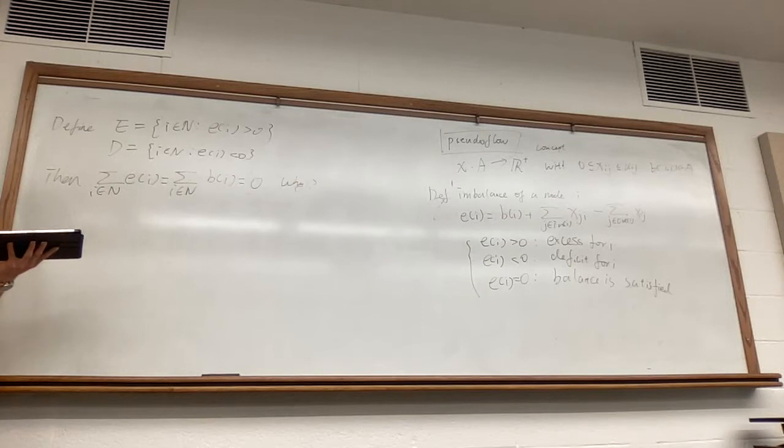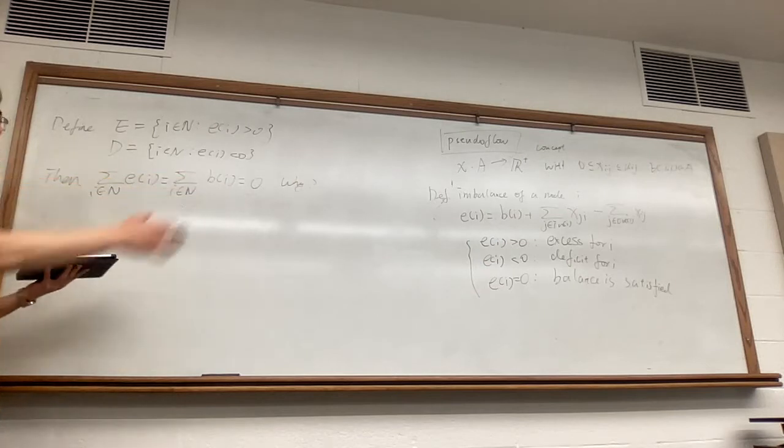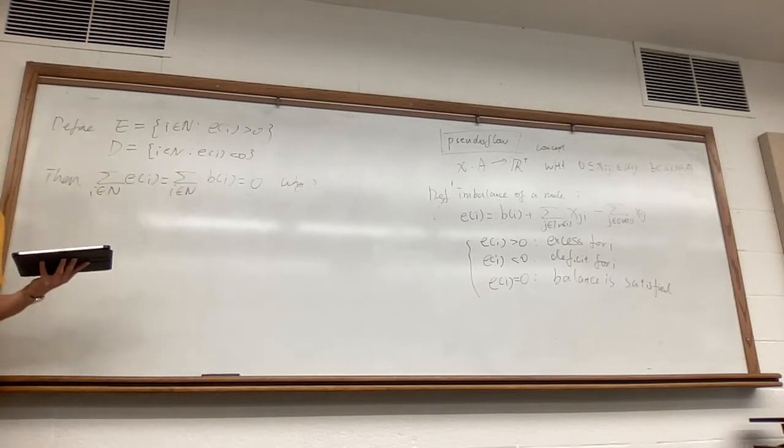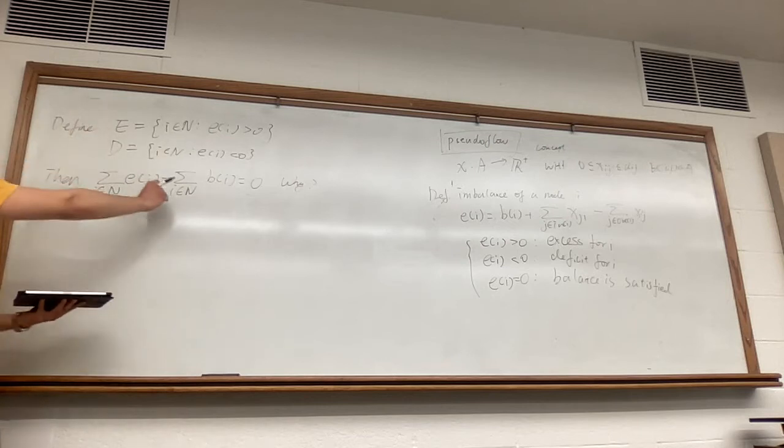So this is like the conservation law of energy. In the network flow problem, it is the conservation law of the total flow, right? So definitely we should have that.